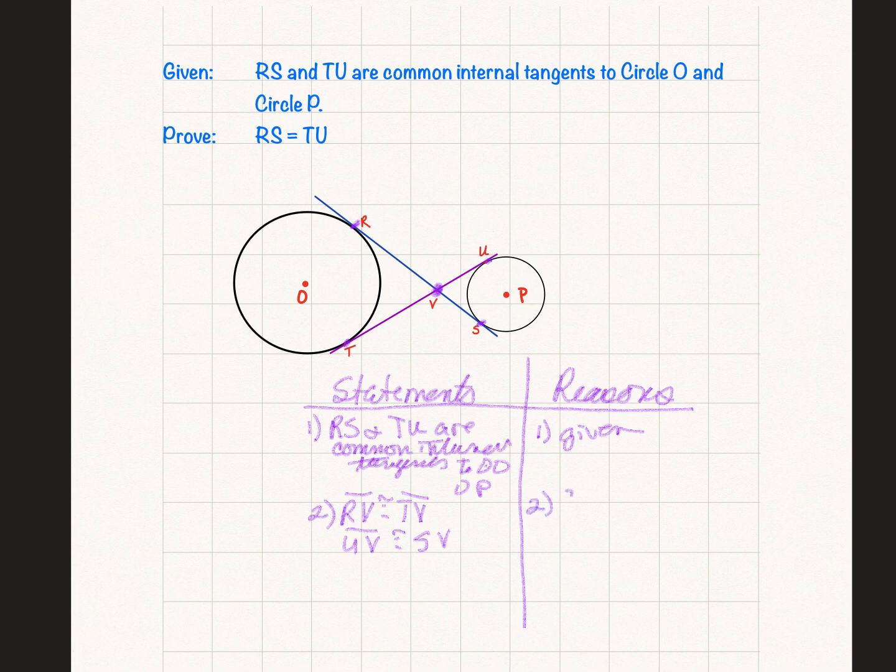And so that's just from a point outside the circle, tangents are congruent. So I've got that one.